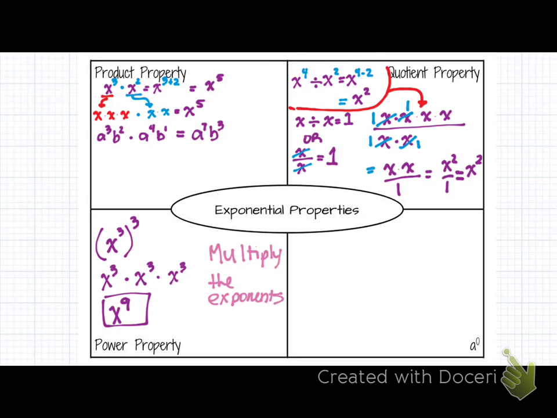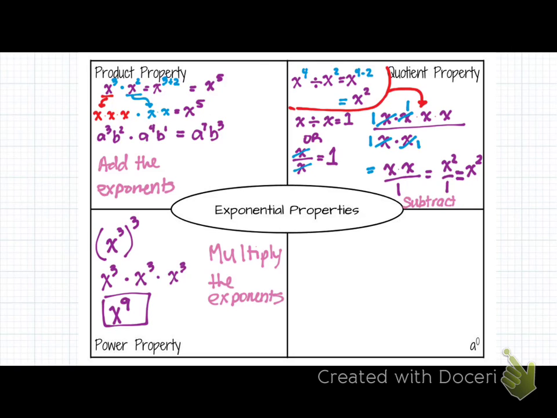On the first one, we add the exponents. And the second one, we subtract. I'll just put subtract, okay?